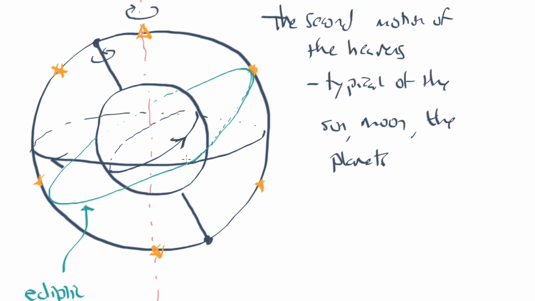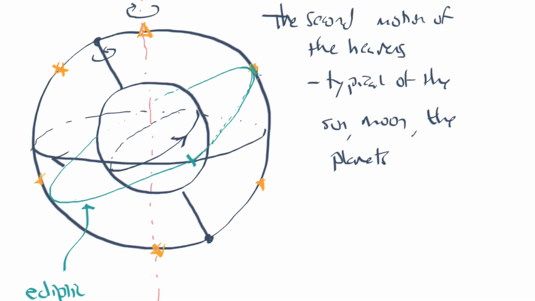You might recall that the ecliptic is fixed to this outer sphere, and it can be divided up into 12 regions: 1st, 2nd, 3rd, 4th, 5th, 6th, 7th, 8th, 9th, 10th, 11th, and 12th. And this ecliptic is the band on which certain constellations lie.